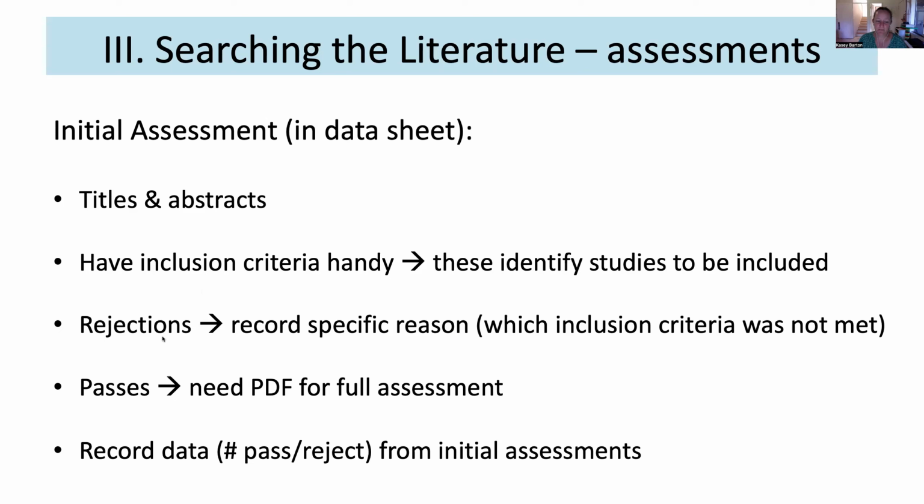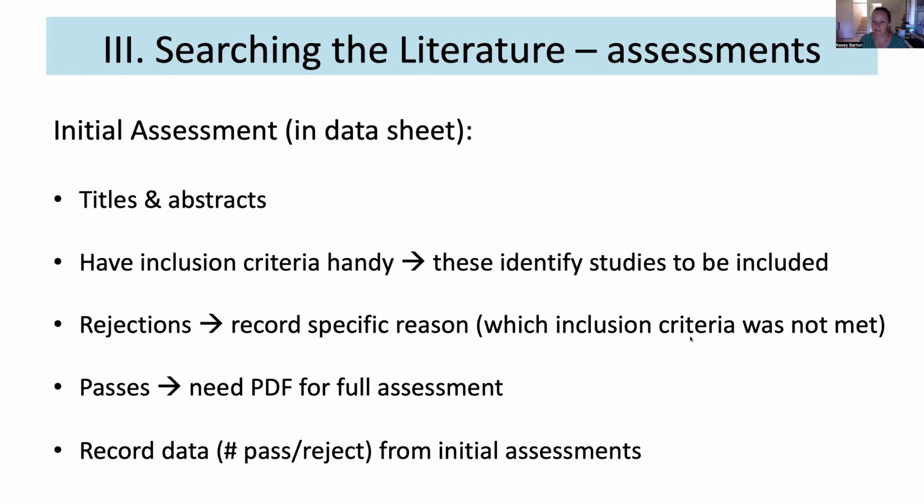And also for any paper that you are going to reject at this stage, you want to record why. Right? So here's our consistency and transparency really coming out. We don't just exclude papers for no reason. We need to have some reason for not including them in our assessment. So I have a column for the reason that I excluded them. And I always base it on my inclusion criteria.